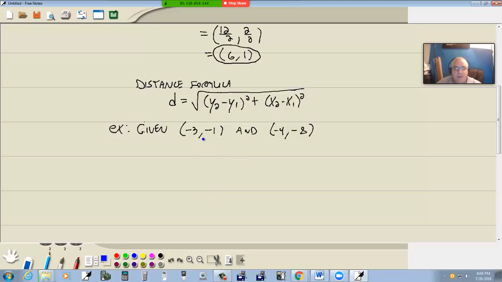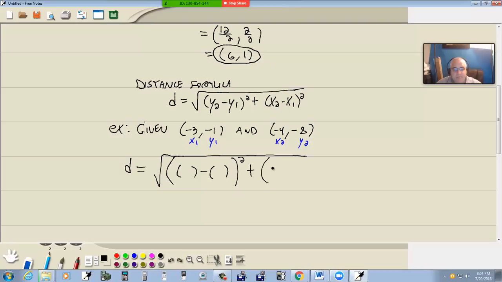Let's first label our points. This is my first point, so I'll label this as x1, y1. This is my second point, so I'll label that as x2, y2. It's always a good idea with the distance formula to go through and replace all of your variables with parentheses before you plug in your numbers. And I'll make the outer parentheses a little bit bigger so we can see the difference between them.